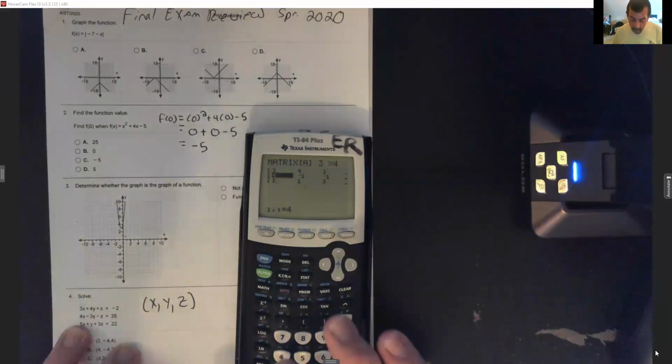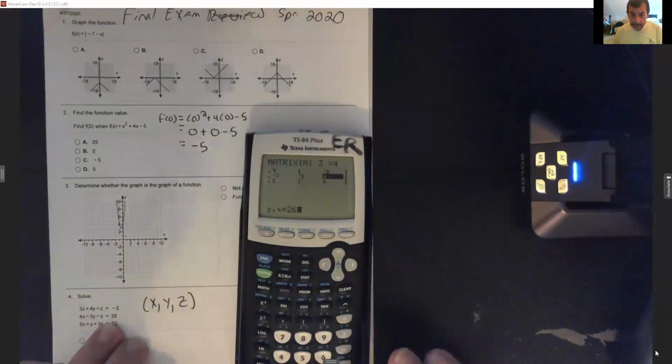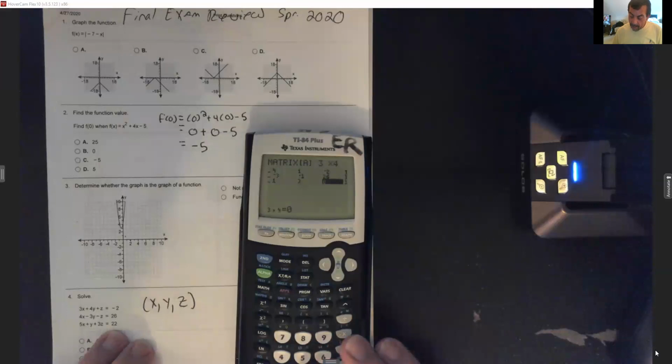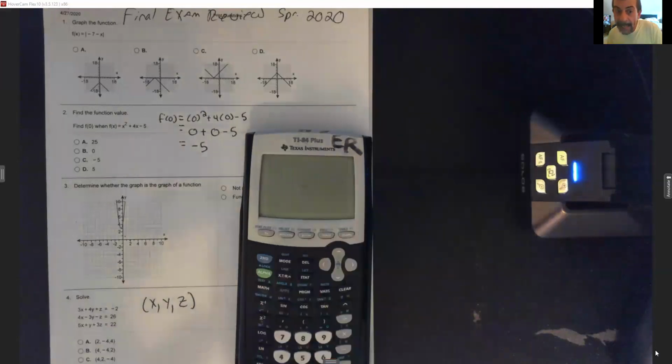I got a 4, negative 3, negative 1, 26. Last row has a 5, 1, 3, 22. So I got all my numbers in, so I'm going to quit the screen now because I know my matrix is in A now.